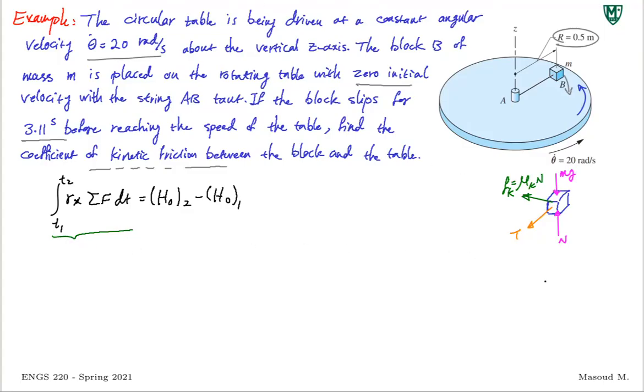R is, let me see if I can draw. Okay, so this integral, let's call this 1. We calculate this integral separately here, from 0 to t, from the moment I leave it there till sometime t. What is R? Let's look at this polar coordinate system.